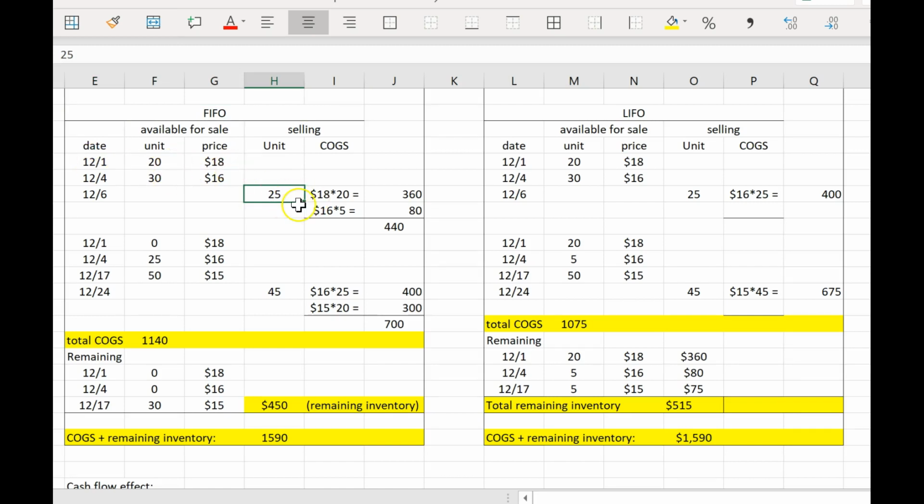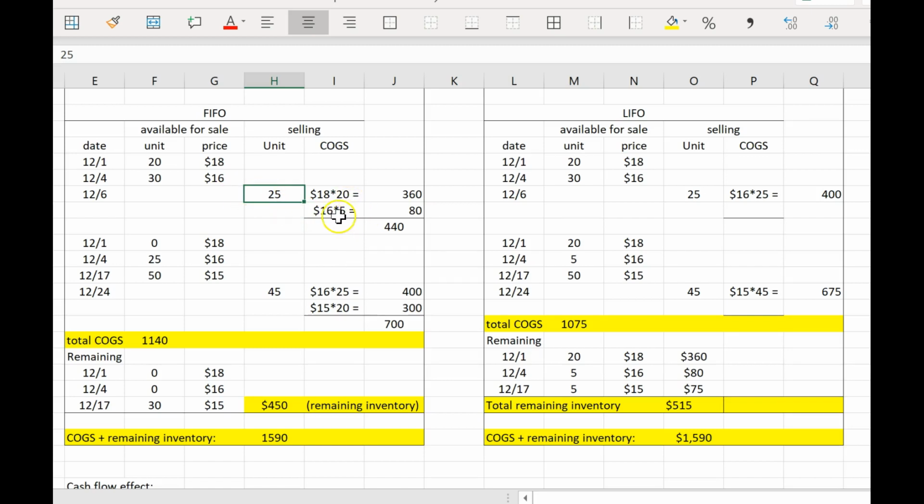From the first one. So that is $18 multiplied by 20 units. That is $360. The second pile, we are selling, so we are selling 25. So the first pile, we took 20 out of here, so we have 5 units left to take from the second pile. So 20 plus 5 is 25.